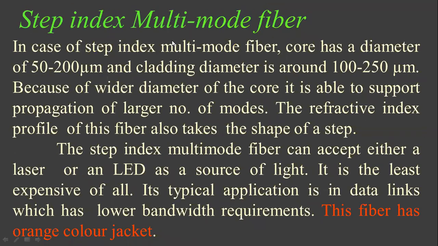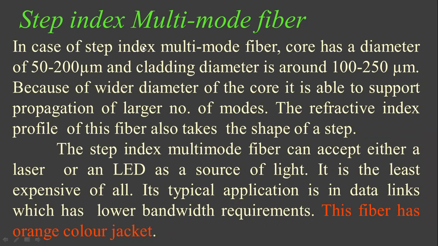So about the step index multimode fiber here, in the case of step index multimode fiber, the core has a diameter of 50 to 200 micrometer, and the cladding diameter is around 100 to 250 micrometer.